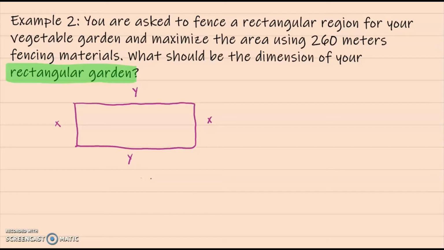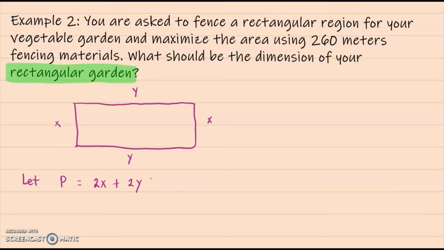Okay, so moving on, let's write our constraint. Perimeter, so we have P equals 2x plus 2y, because we know that perimeter is the total measure of all the sides of a polygon.